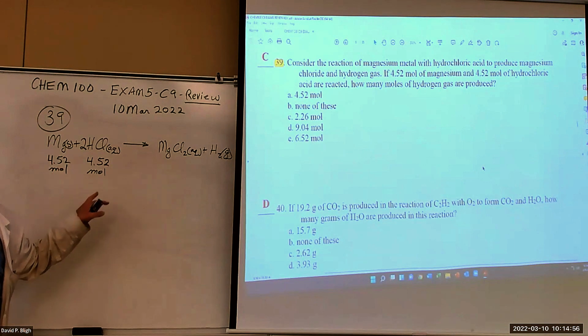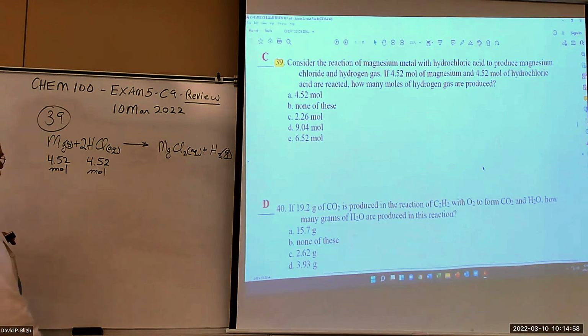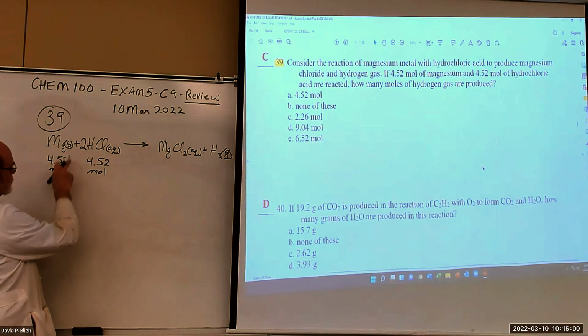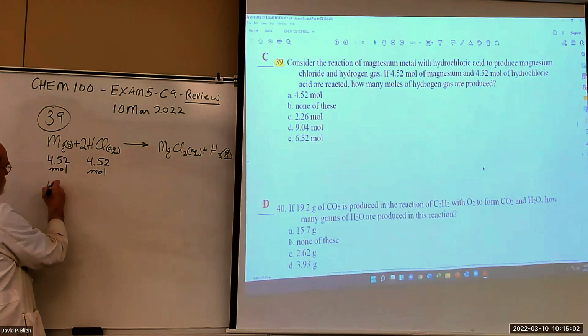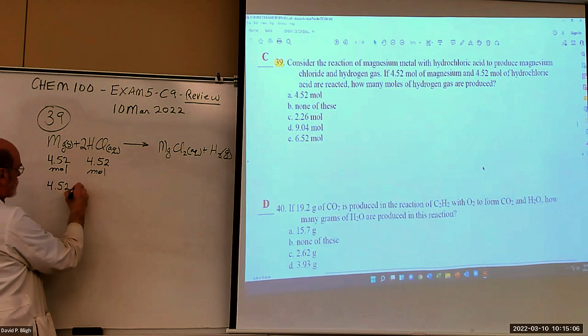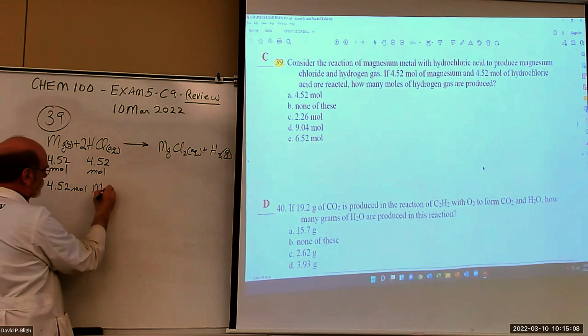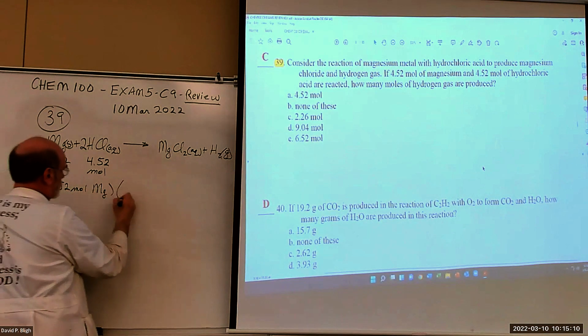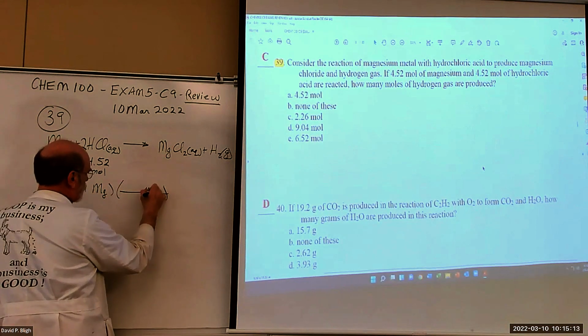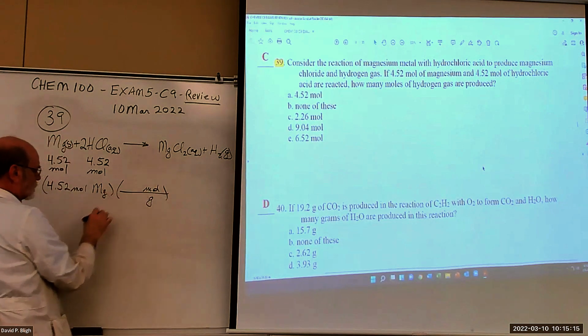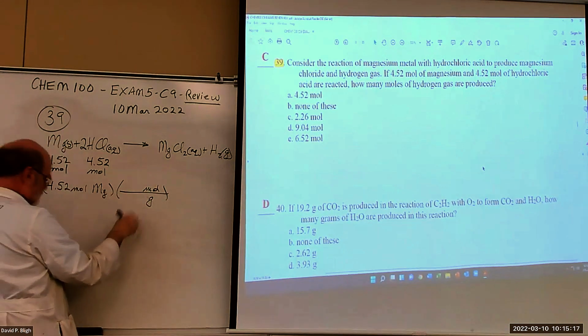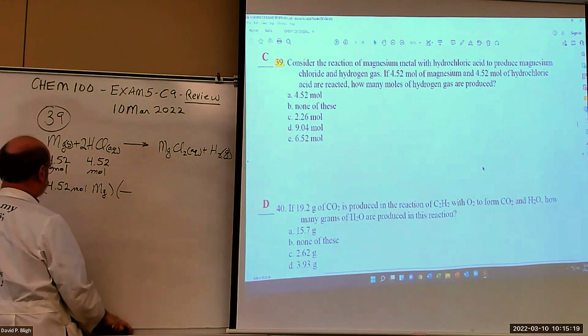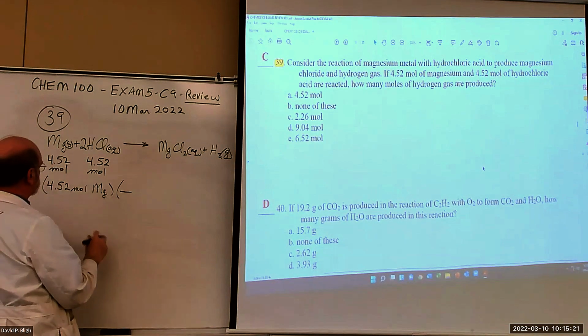We got a limiting reactant problem here. So what we need to do is convert this to moles. 4.52 moles of magnesium. Grams, moles, so the grams cancel. Wrong. And you know what?